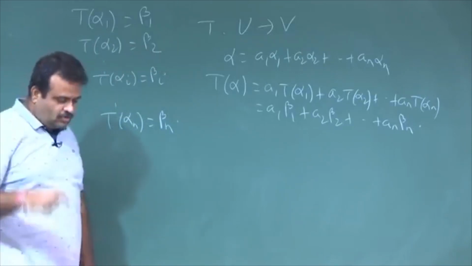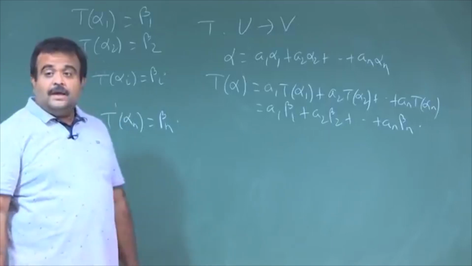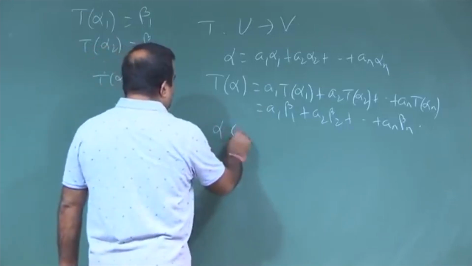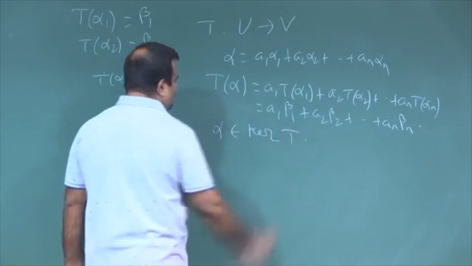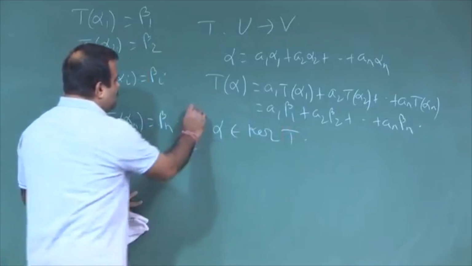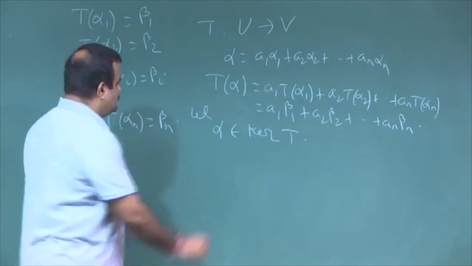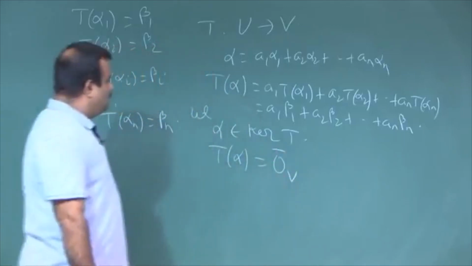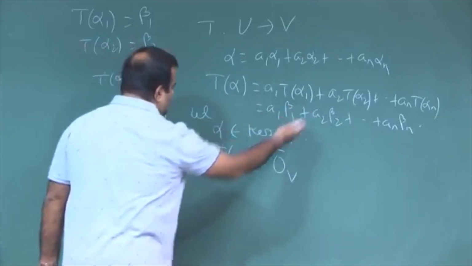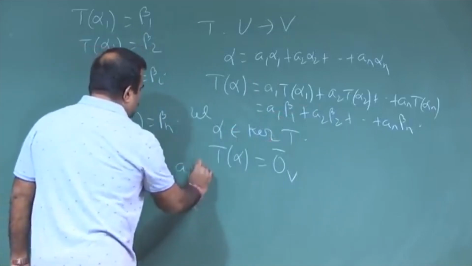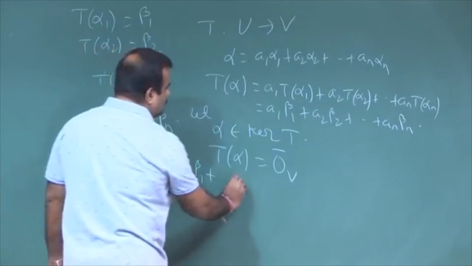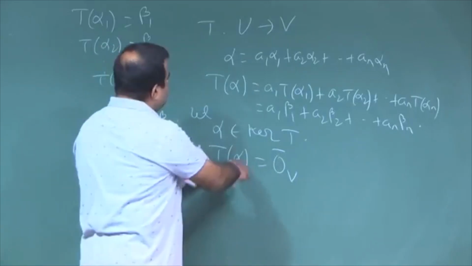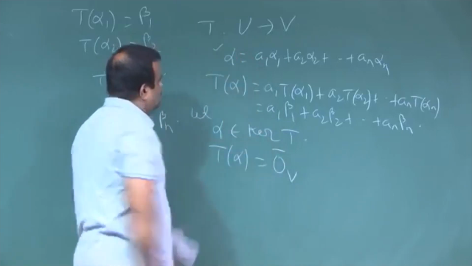For 1 to 1 we need to show the kernel of T is 0, meaning the 0 vector of U. So, suppose alpha belongs to the kernel of T. That means T alpha is the 0 vector of V. Now, T alpha is nothing but this. Suppose alpha is written as this.